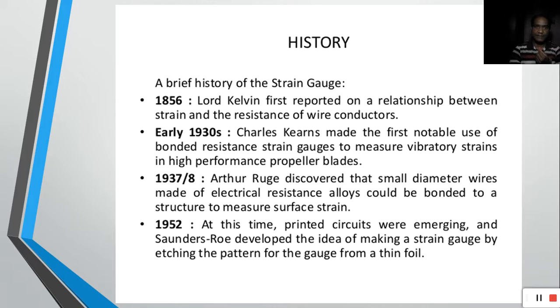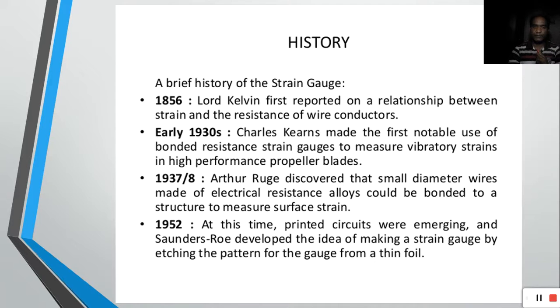In 1937, Arthur Rose discovered that small diameter wires made of electric resistance alloy could be bonded to a structure to measure surface strain.